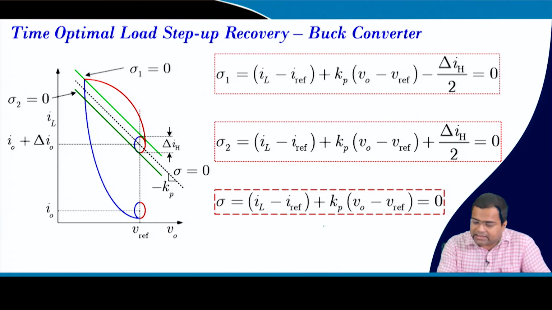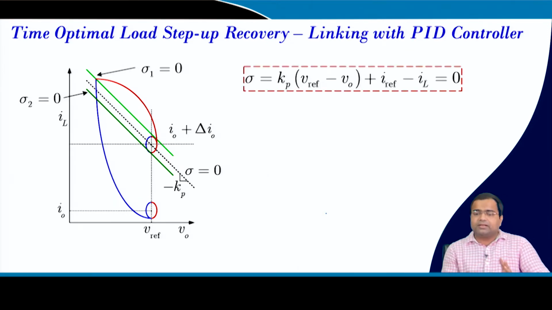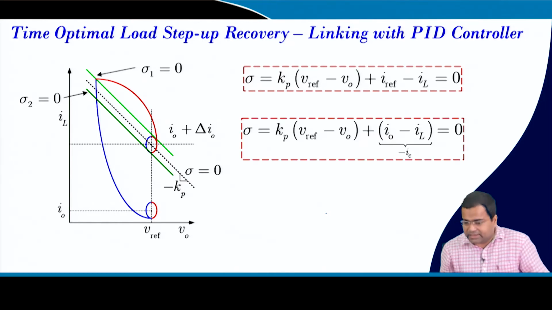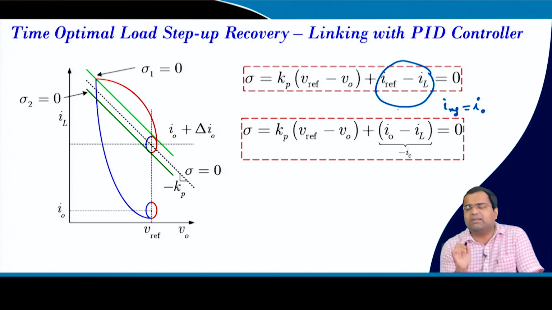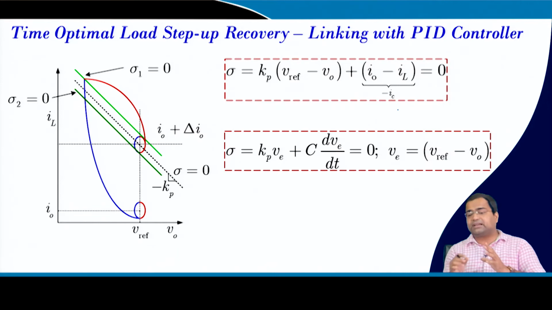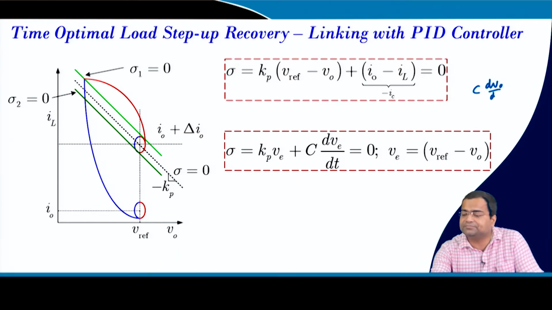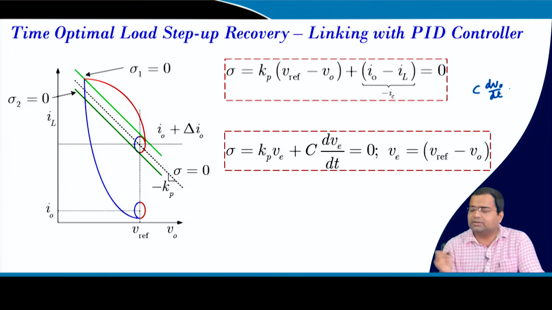Now, another problem: you have to choose this proportional gain. How to choose that? If you recall our earlier concept, if we replace Iref, the reference current, with the load current, then load current minus inductor current is minus the capacitor current, and that means we have C dV0/dt. Now, what is our V0?